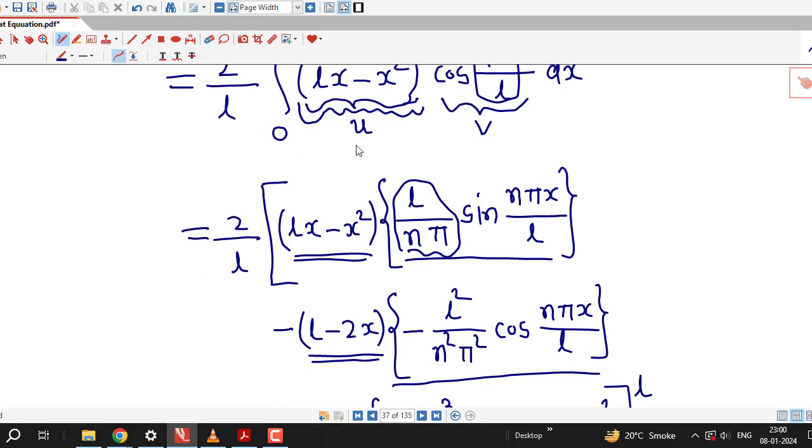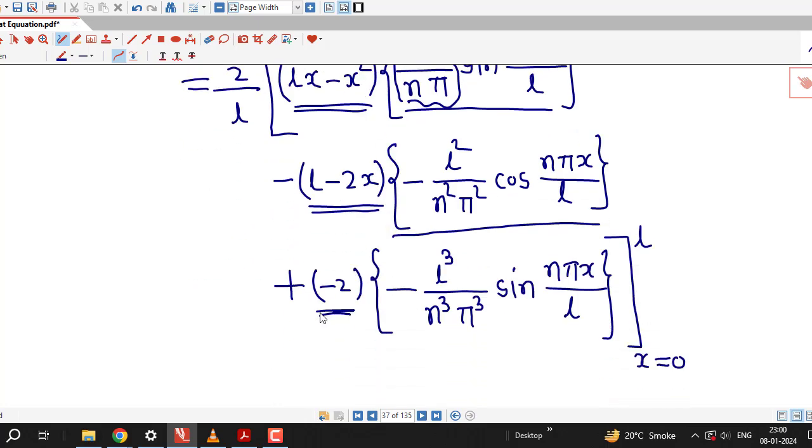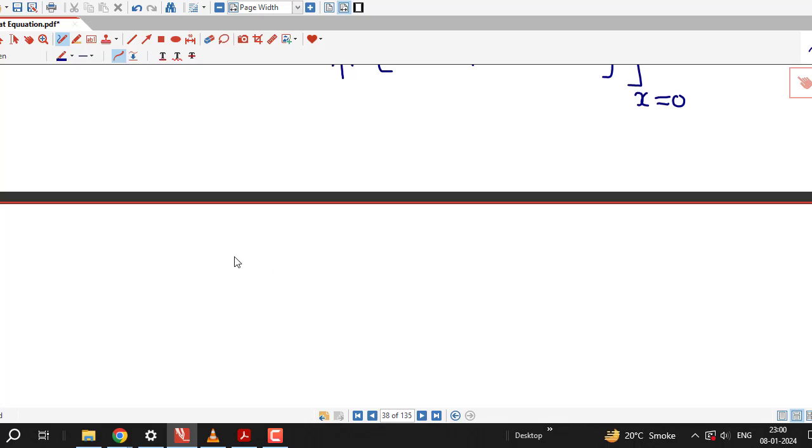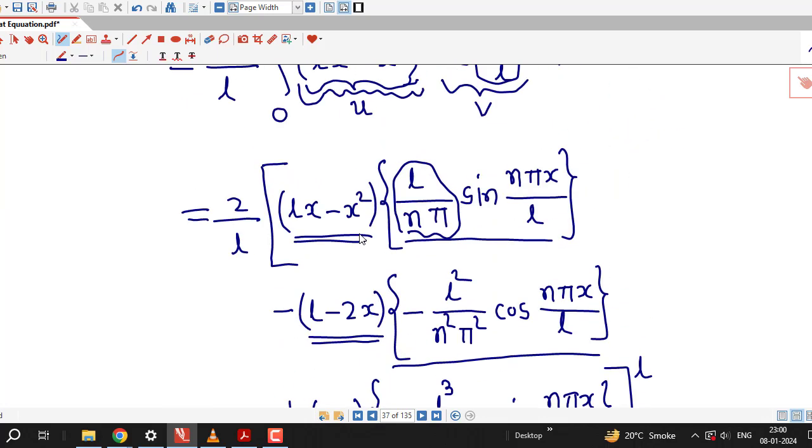So here we can see that in the next step we have the negative sign and the derivative of this bracket, which is the derivative of minus 2, which is 0. So we stop here.